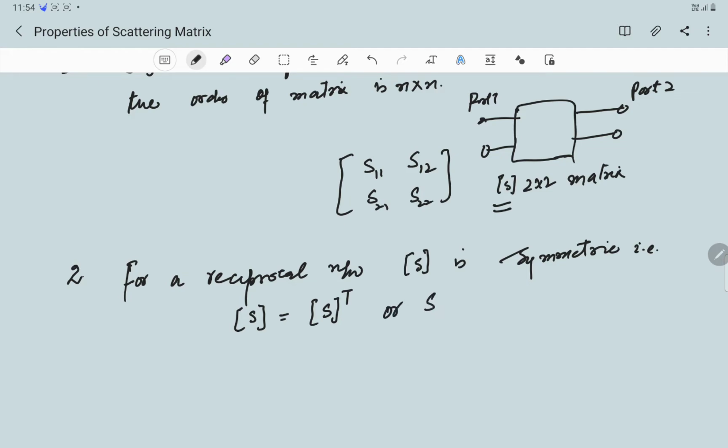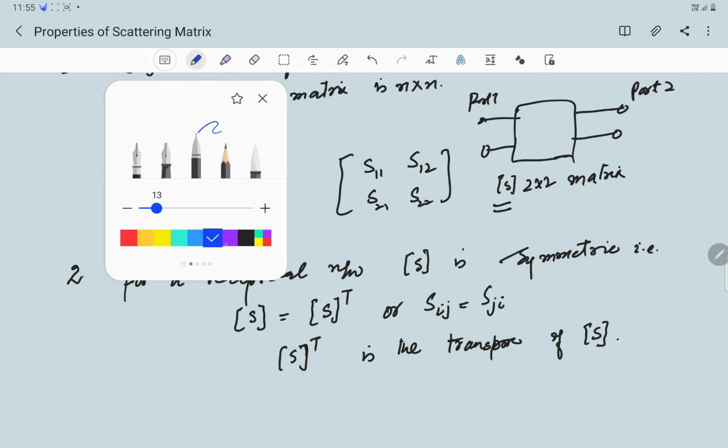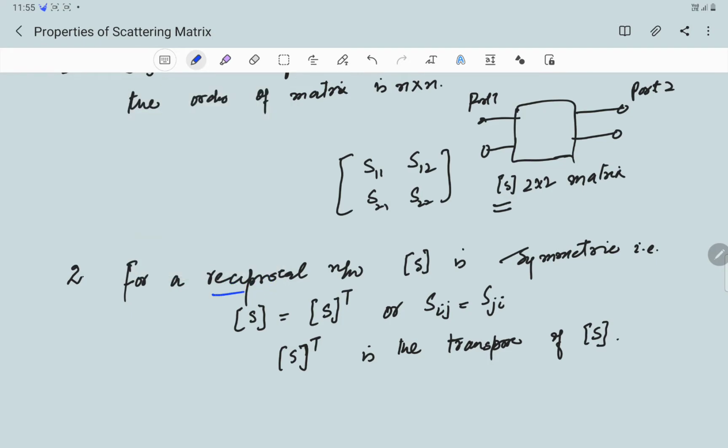Or we can write Sij equals Sji. That is, the ijth element of matrix S would be the same as the jith element. Here St, S transpose, is the transpose of the scattering matrix S. As I said, this is true for a reciprocal network, that the S matrix is symmetric.